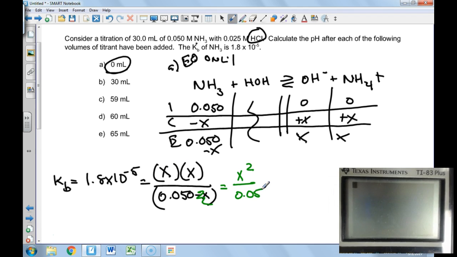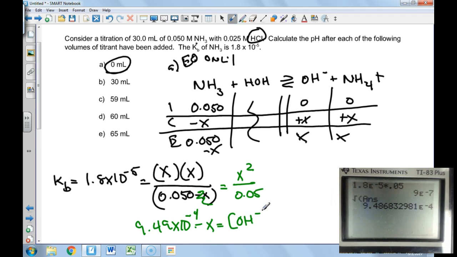Let's do a little math: 1.8 times 10 to the minus 5 times 0.05, and then the square root of that is 9.49. So X equals 9.49 times 10 to the minus 4, and that is equal to the concentration of the hydroxide ion.